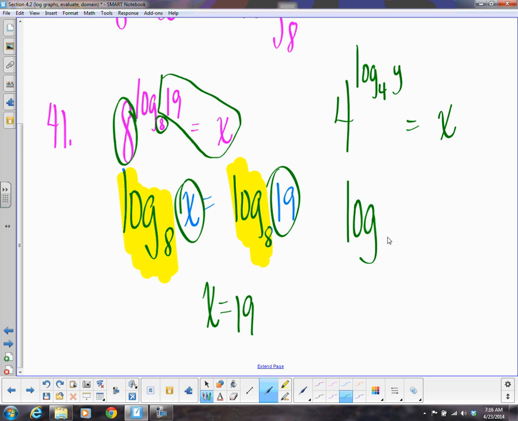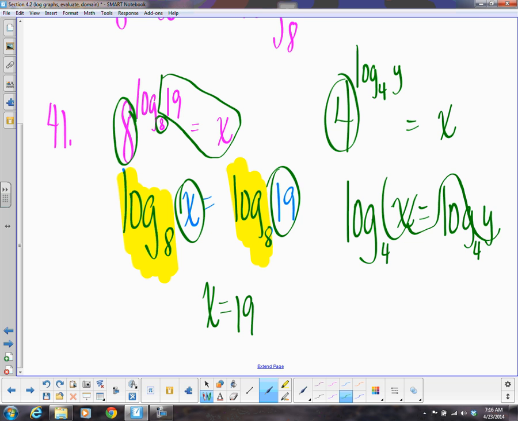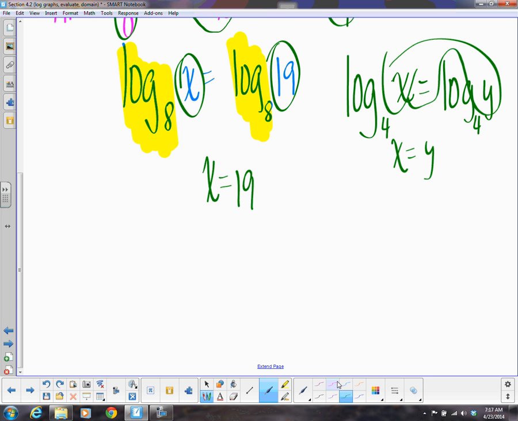What's the base? 4. This is the base. What's the answer? X. What's the exponent? Log base 4 of y. So if this log is the same as this log, what must be true? X equals y.